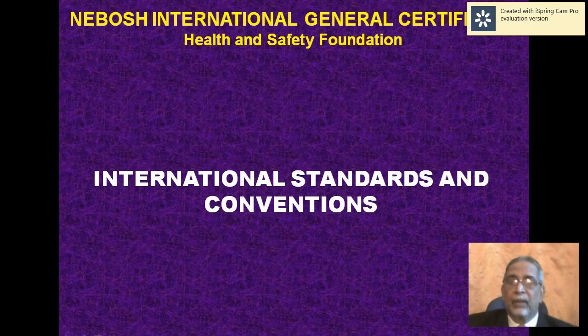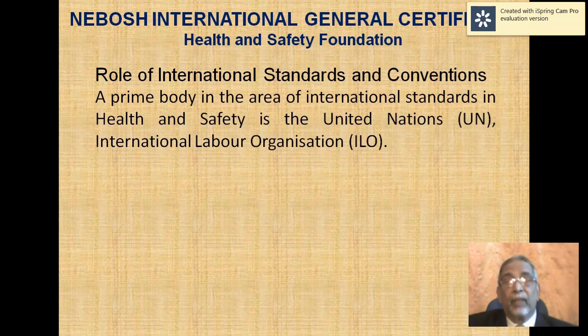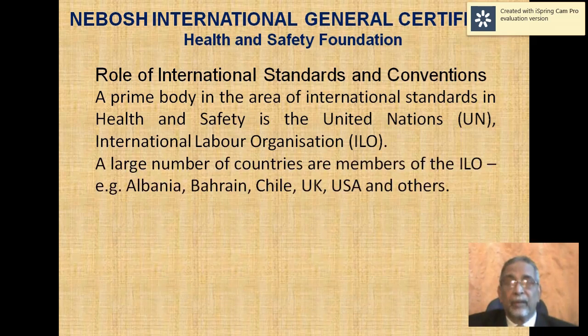Now we will see the international standards and conventions. We will get a lot of information from different sources. One of the sources is the role of international standards and conventions. This is a prime body in the area of international standards in health and safety. It is the United Nations International Labour Organization.